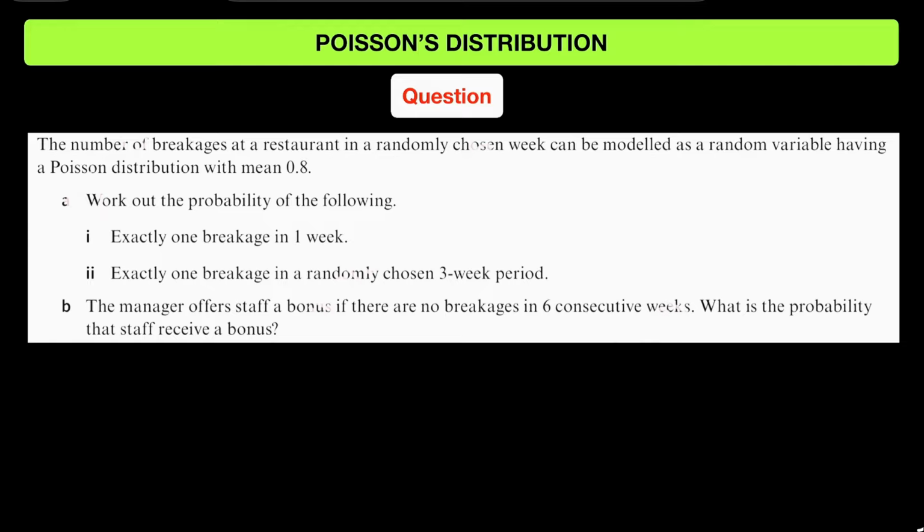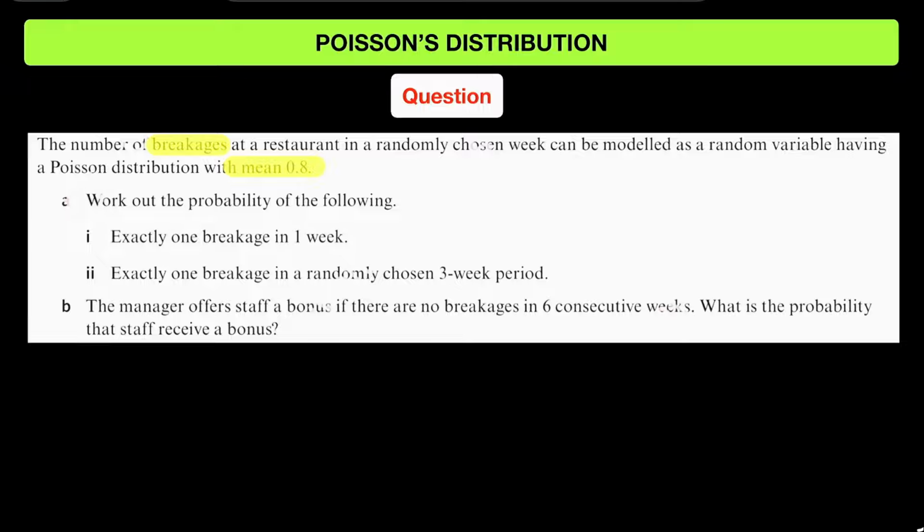These are Poisson distribution based questions, and in these questions we need to change the time interval as per the demands of the question. So let's go through question number 1 and see what is given to us. The question says the number of breakages at a restaurant in a randomly chosen week can be modeled as a random variable having a Poisson distribution with mean 0.8.